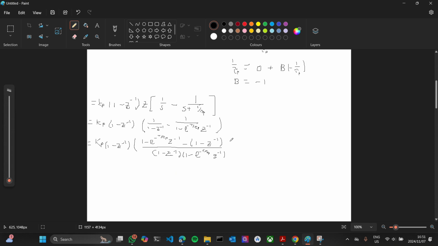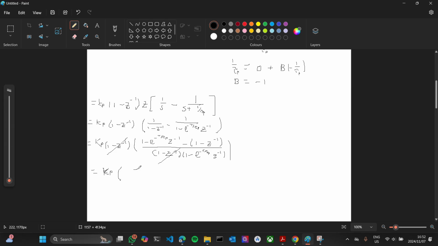Okay, so you can see that this is going to cancel that. It is multiplied by, so when this multiplies out, it's going to be negative 1, which will cancel with that one. Then this is going to become positive z.